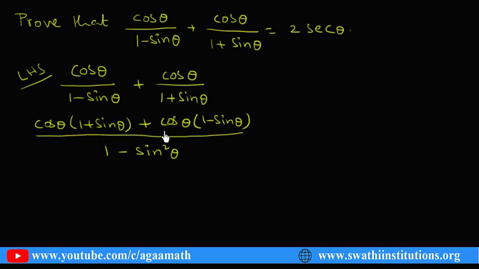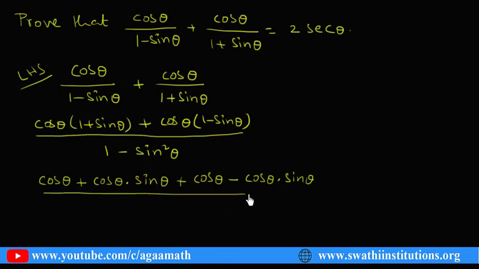Cos theta into 1 is cos theta, plus cos theta into sin theta, similarly multiplied like this, plus cos theta into 1 is cos theta, minus cos theta into sin theta, by 1 minus sin square theta.